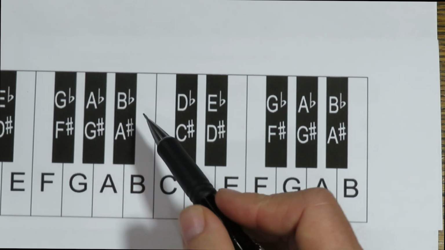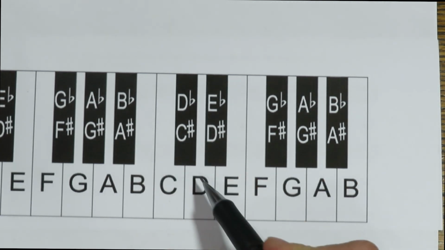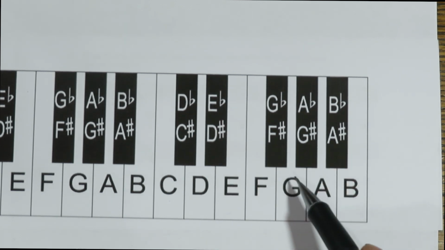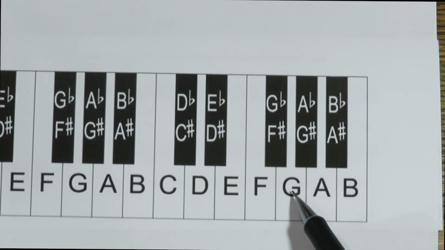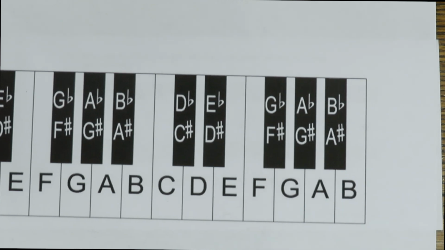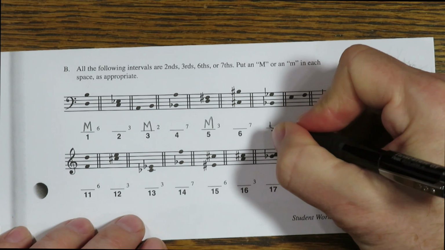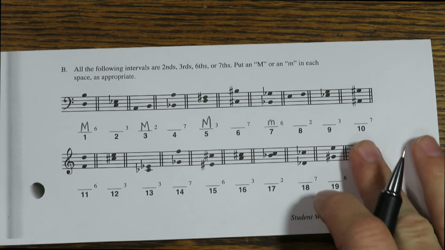But let's confirm that. Let me just show you step by step. Whole, whole, half, whole, whole, whole, half. So we have a G natural in the B flat major scale, not a G flat. So that makes it a minor sixth. Okay, it's part of the minor scale.